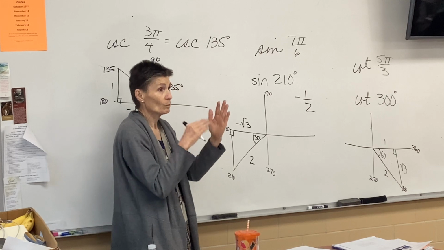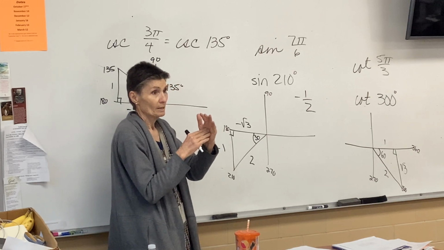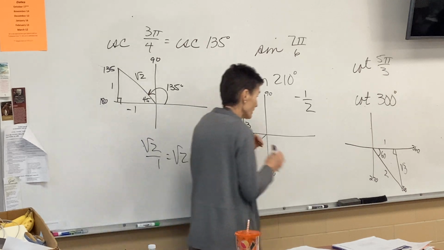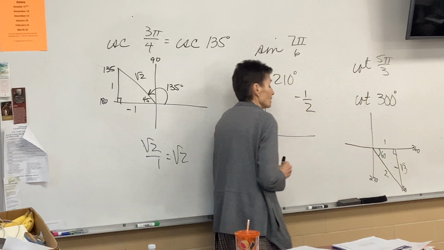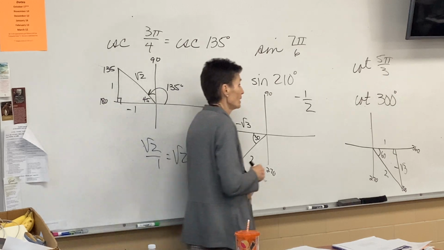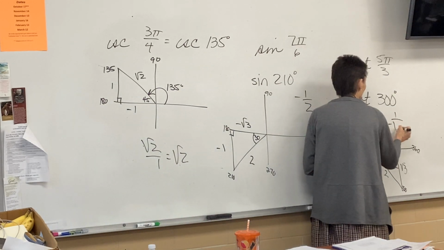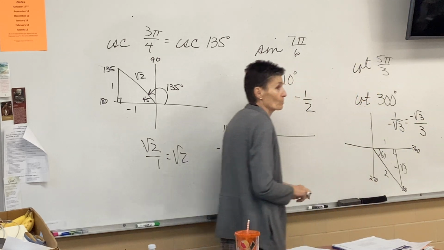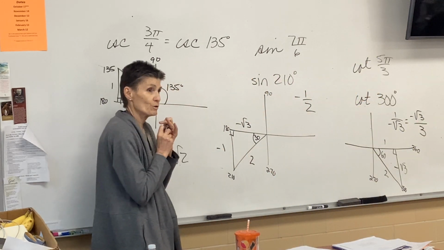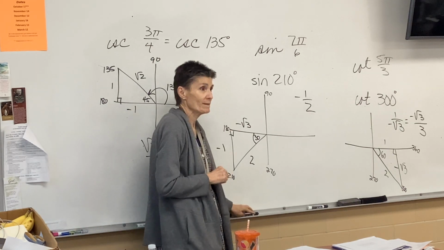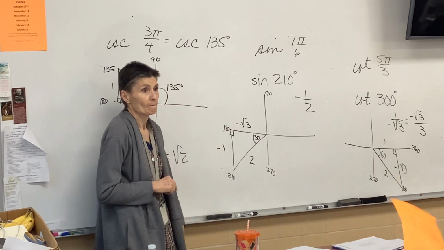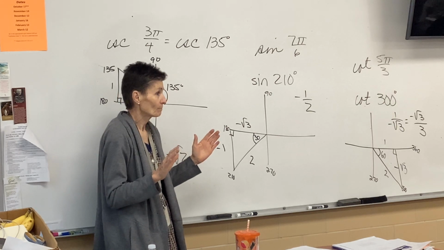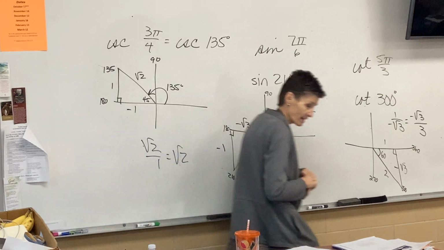If you're not in quadrant 1, something's negative. I'm not in quadrant 1. What's negative? Root 3. Cotangent, adjacent over opposite, negative root 3 over 3. I didn't give you too much time. Did anybody get all the way to the end of that problem? Everybody okay with that? All right, I promise I'd stop.